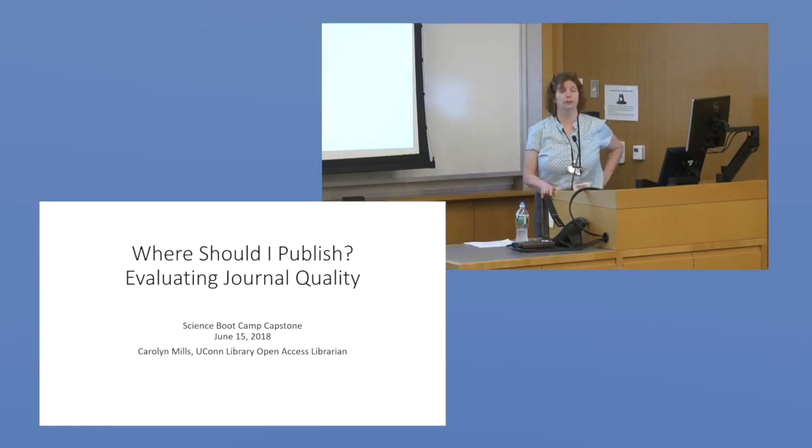Well, they're all relatively new, and there's not the reputation that traditional journals tend to have. Faculty know what the good journals are in their field. Well, they don't really know that for open access. And so that's the context in which I created this workshop.